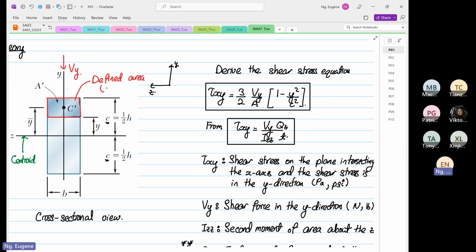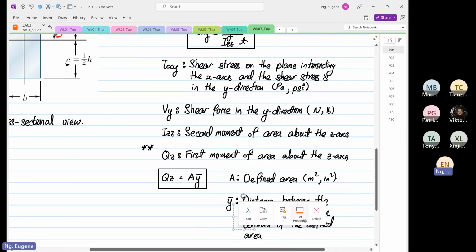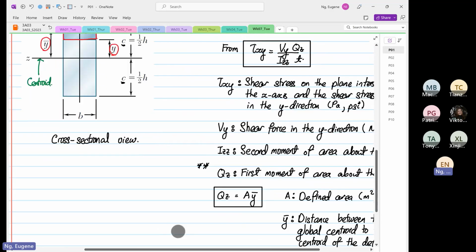And the defined area is a variable. It is dependent on the y distance over here. And at the C prime that you see over there, you have a distance known as y bar. This y bar is the distance between the global centroid to the center of the defined area.